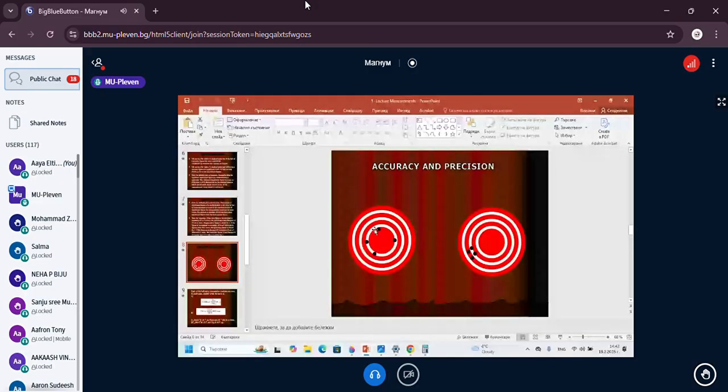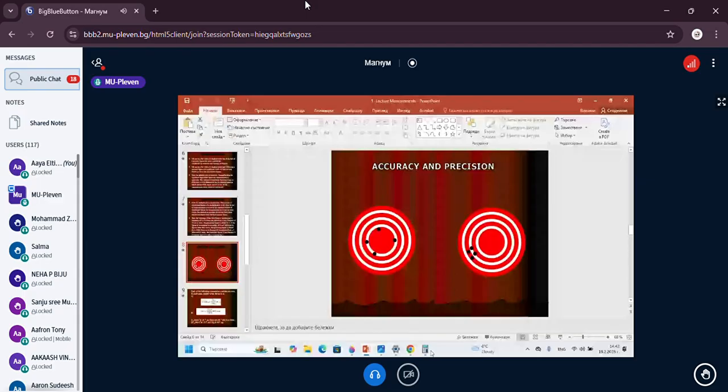But they are closer to the central point, being the aim, being the true value. So that's why we've got here a more accurate experiment as compared to this, but less precise. More precise, but less accurate.